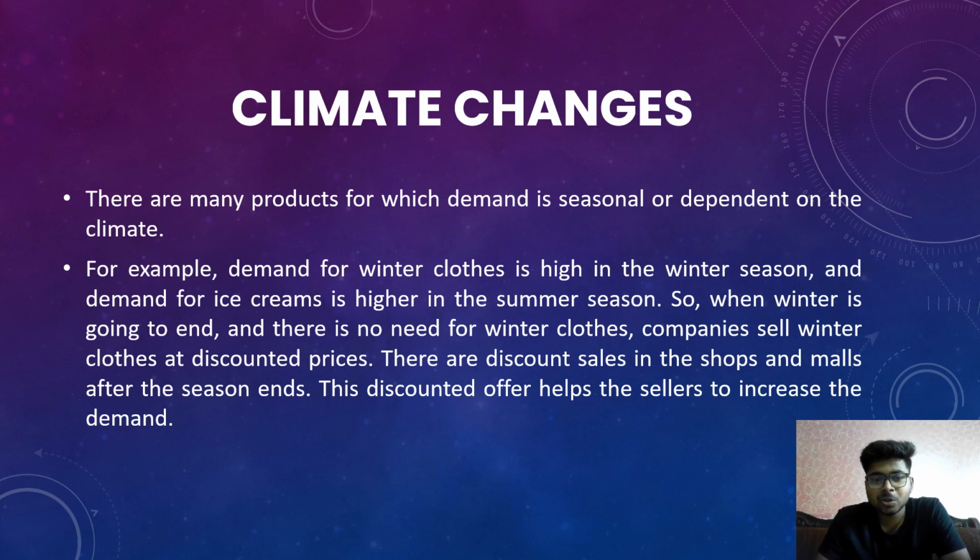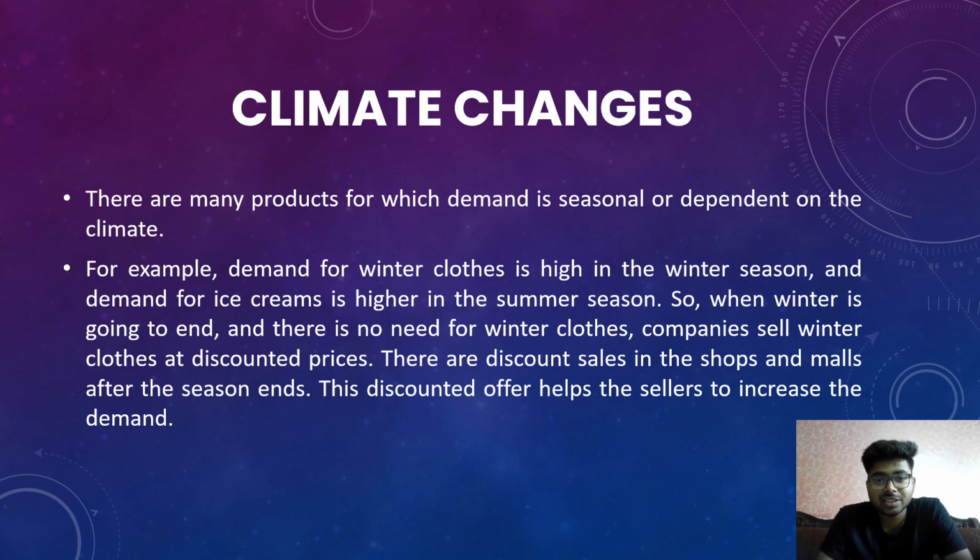There are many examples like this. Mangoes are only available in the summer season, and there will be much demand for those in that season. And if you see, nylon clothes or thin clothes will gain more popularity during summer, because those are the times when the climate is harsh on us and the sun is harsh on us, and we need to wear those kinds of clothes to keep ourselves cool.